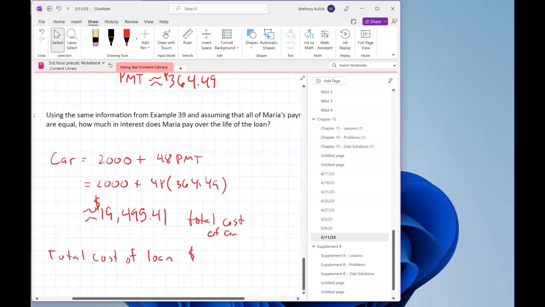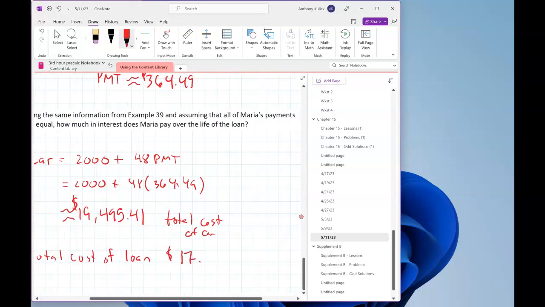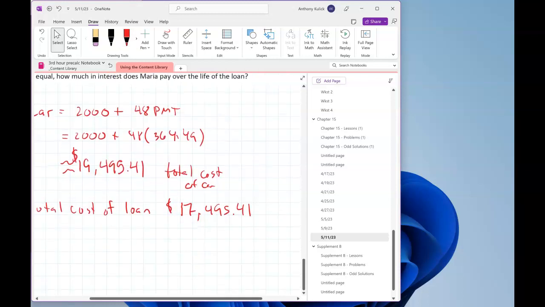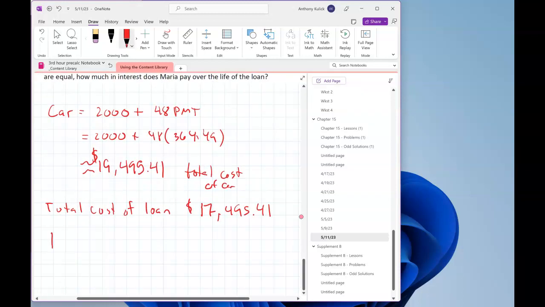So that's 17... And then the interest that we paid would be the $16,500 minus that number, right?